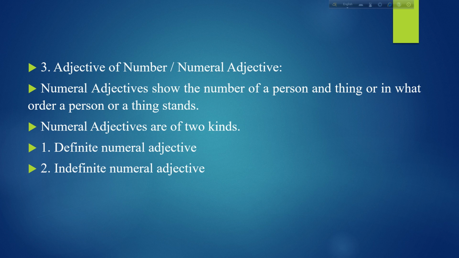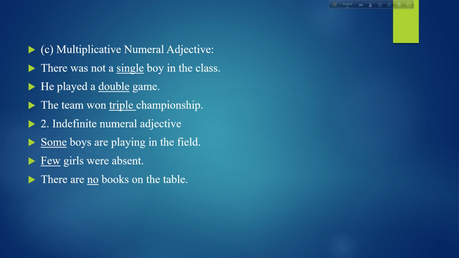I am showing you indefinite numeral adjective first because it is quite similar to adjective of quantity. Some boys are playing in the field. Here, some. Few girls were absent. Few. There are no books on the table. No. Here, some, few, no.